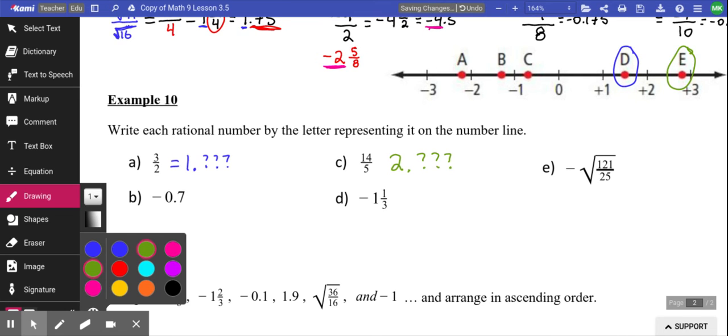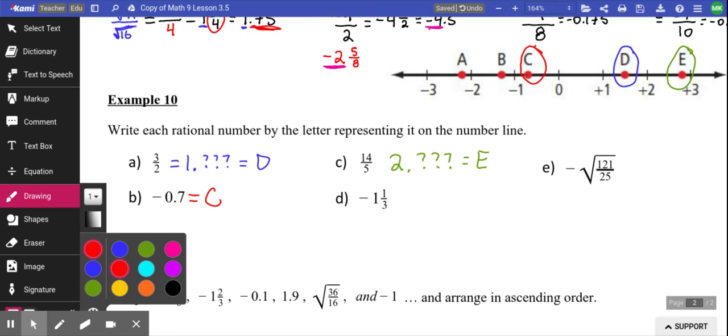It's E. If I look at B, the negative 0.7. Negative means I went to the left 0.7. Looking up at the number line, the only thing I went to the left and didn't get past negative 1 is C.